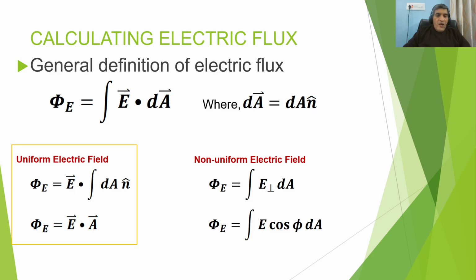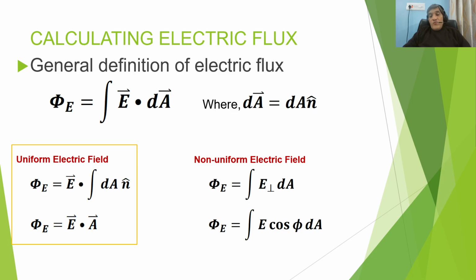So again, the formula is Φ_E equal to E dot dA with the scalar dot product. Don't confuse it with the simple dot, it is the scalar dot product, and we have the answer Φ equal to EA cos theta, where theta is the angle between vector E and vector A.